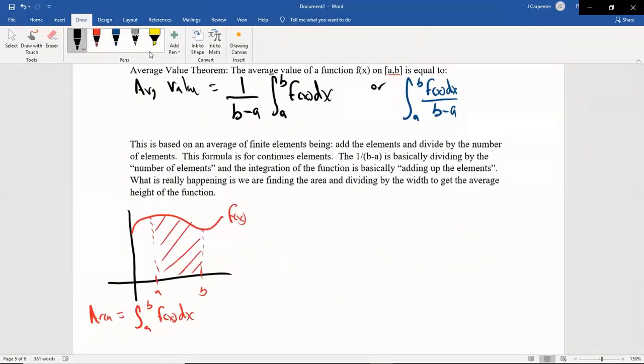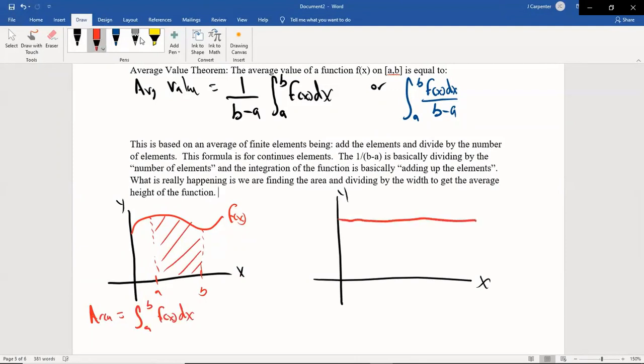Now, let's make a new picture. And let's have this line right here be the average height of f of x.